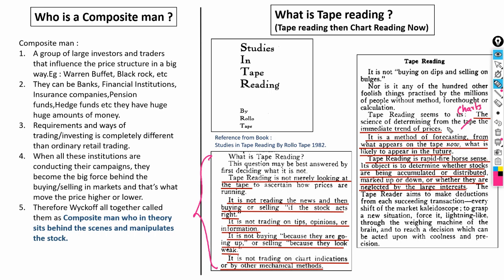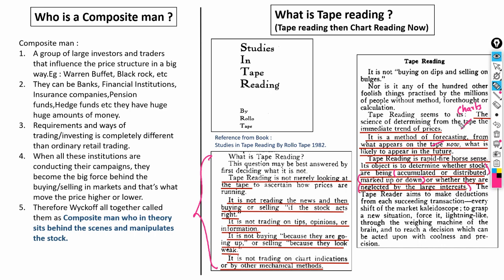It is the science of determining from the charts the immediate trend of the prices, and it is a method of forecasting from what appears on the tape now what is likely to appear in the future. Also, to understand whether the stocks are being accumulated or distributed, or the prices are being marked up or marked down, or whether they are being neglected by the larger interest.